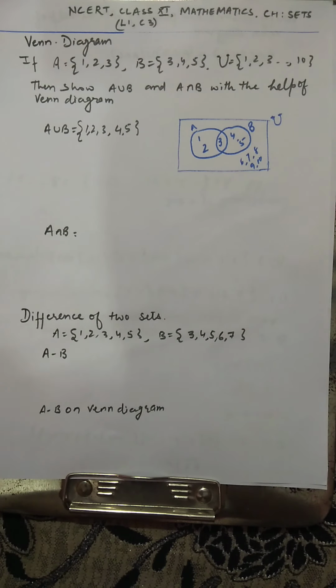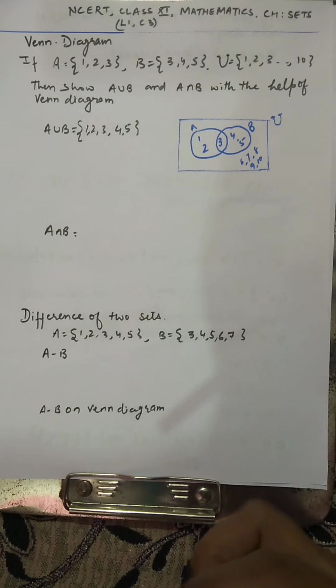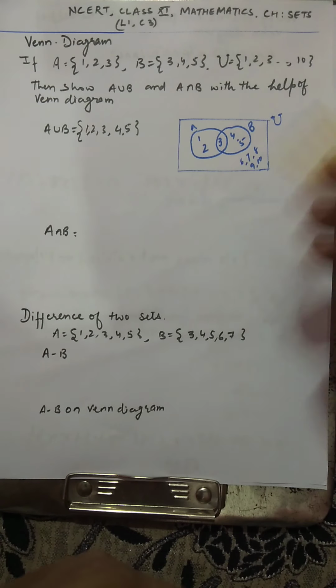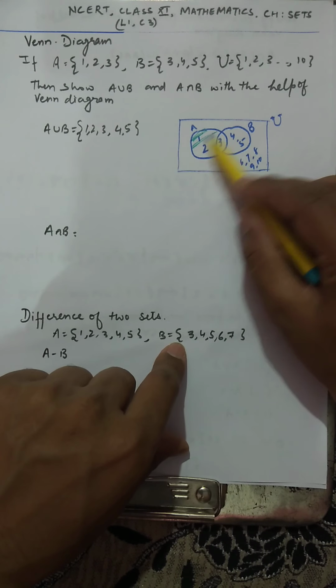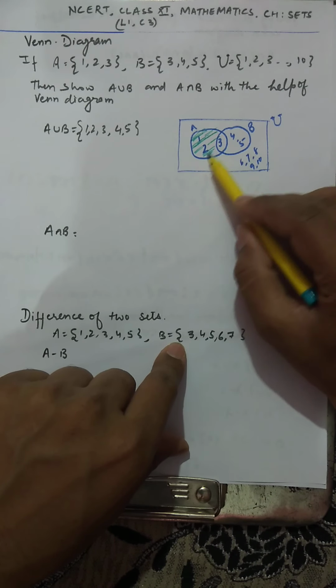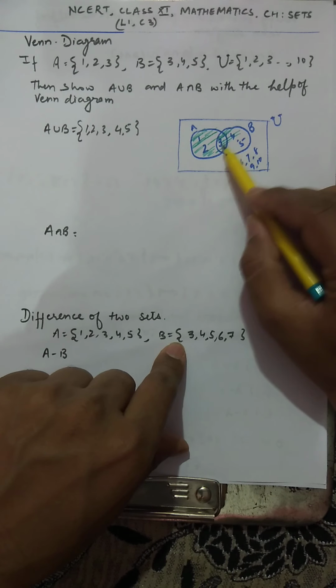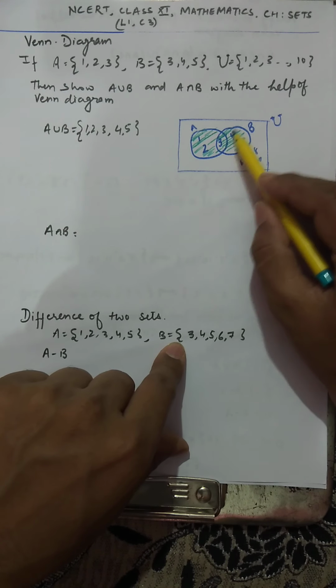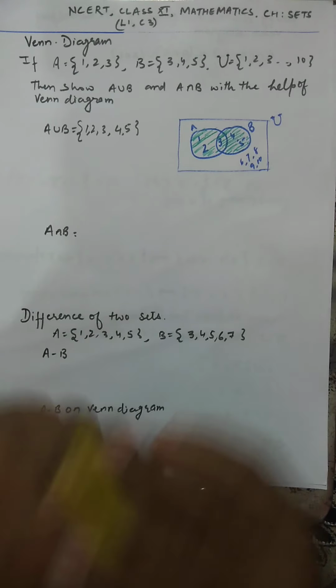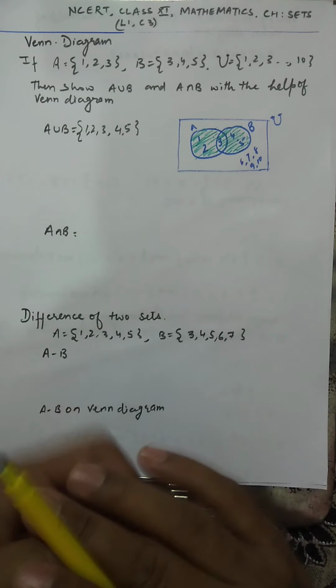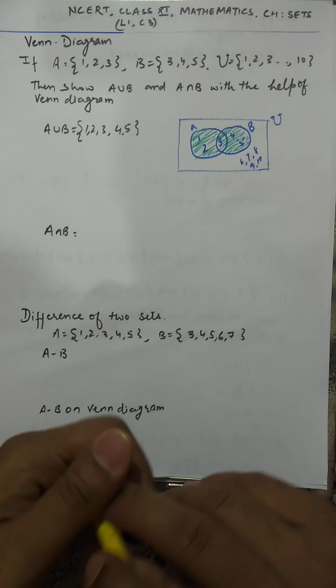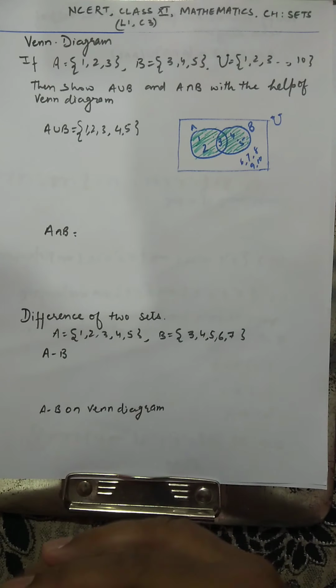So if I ask you to shade A union B, then I can do it like this. This is A union B. Okay, so this is how you can define this through the Venn diagram.